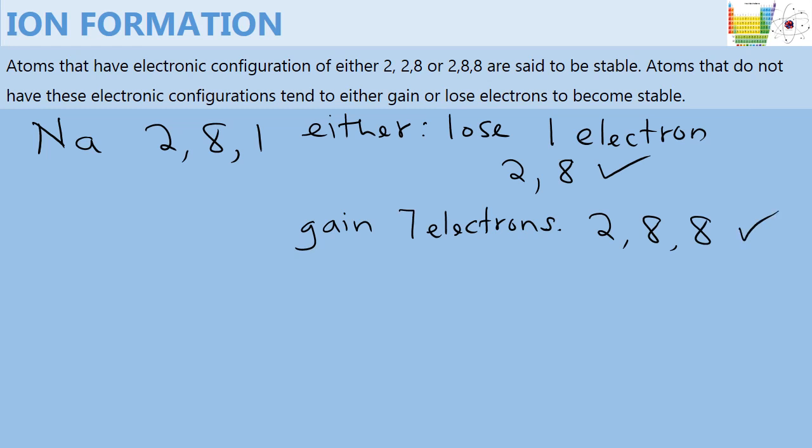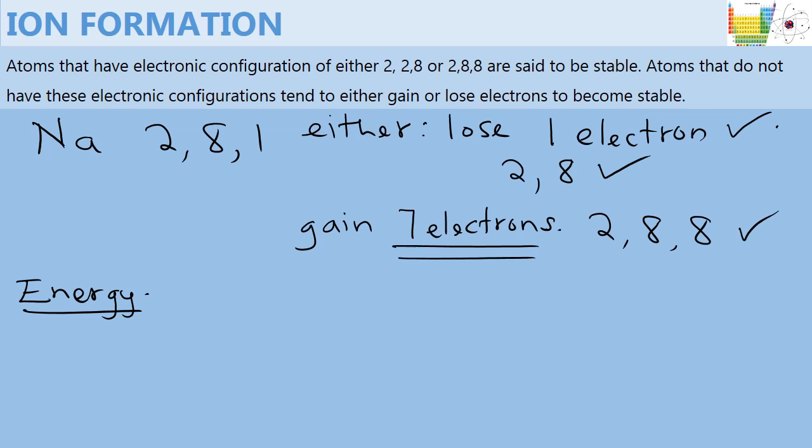However, we have what we call energy that is required. For sodium to lose one electron, it requires some energy. For it to gain 7 electrons, it also requires some energy.